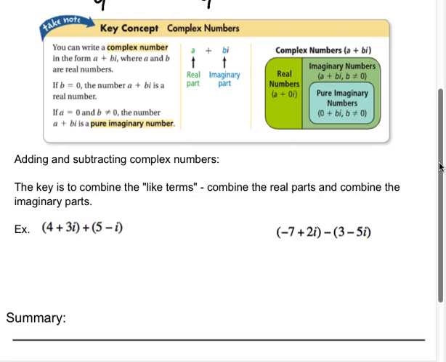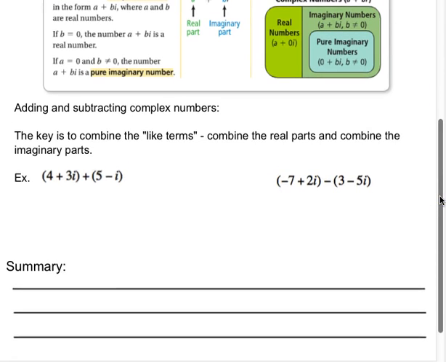So when you're adding and subtracting these complex numbers, it's simply a problem of combining like terms, just like we did with squares and all of that type of stuff. So literally all you have to do is add the pieces together. Add the real piece, 4 plus 5 to get 9. And add 3i minus 1i to get 2i. And that's literally all that you have to do.